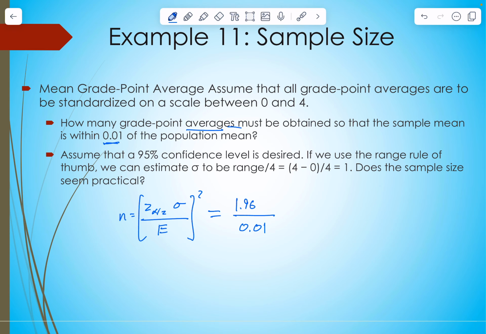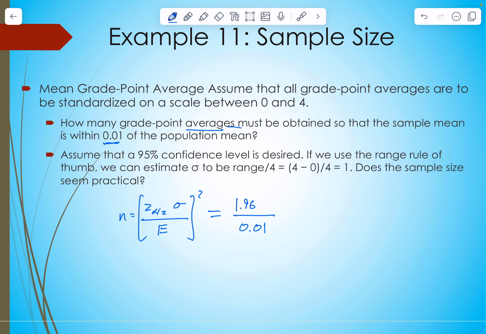How many grade point averages must be obtained so that the sample mean is within that much of the population mean?